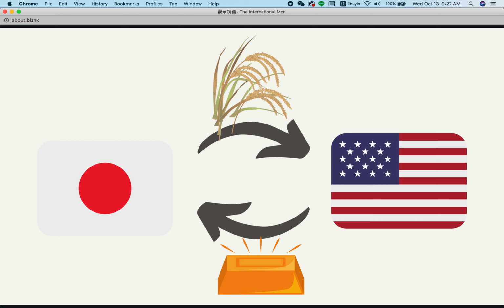Payments for goods purchased from other countries were typically made in gold or silver. What is the mechanism of the gold standard?